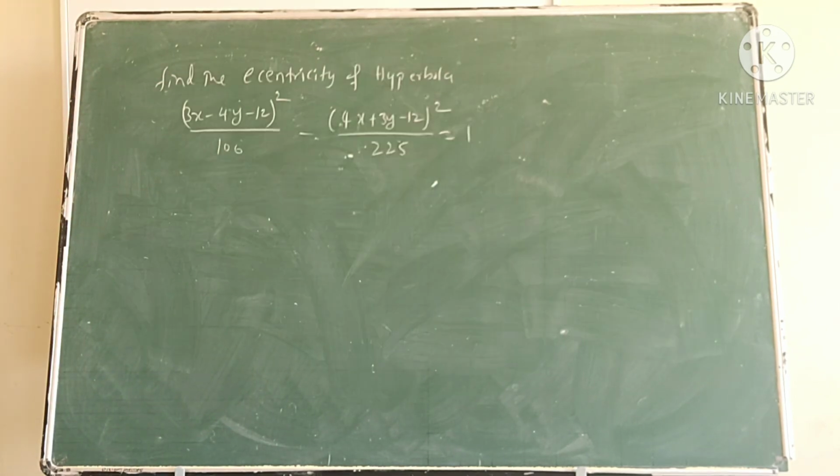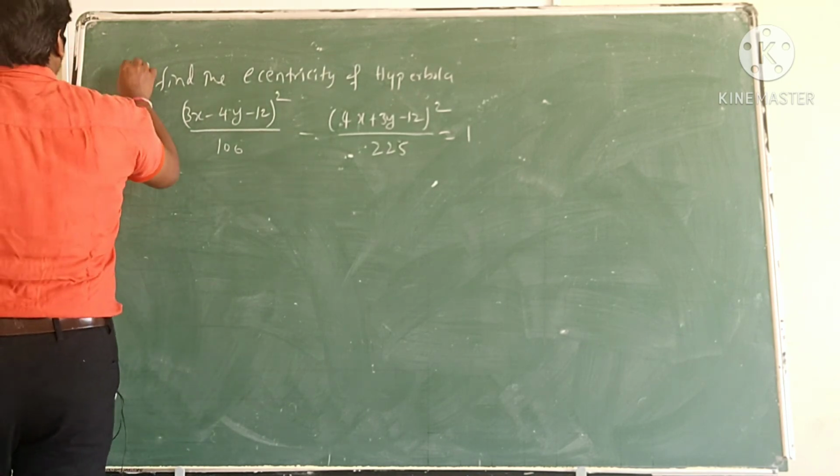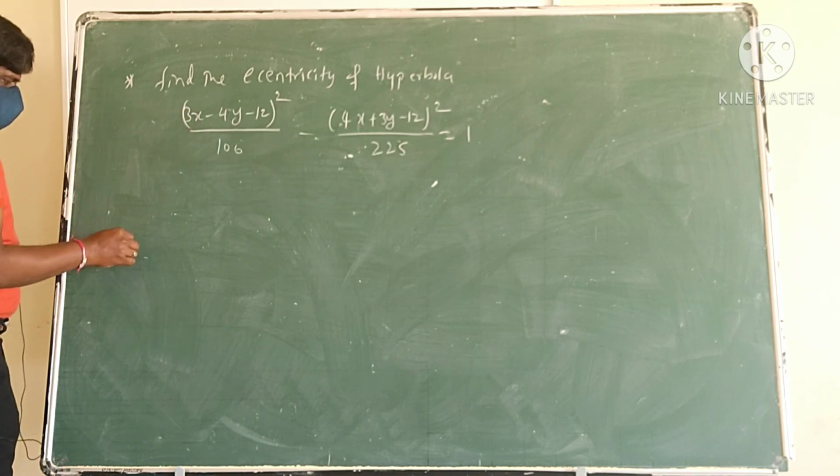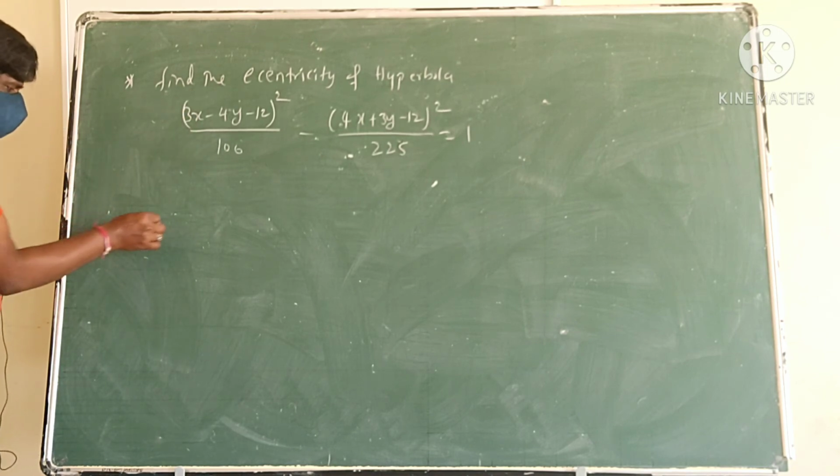See here for today's last question. It is also a JEE question. Find the eccentricity of the hyperbola. When such questions are given, you have to think of this as perpendicular distances, like in the ellipse.